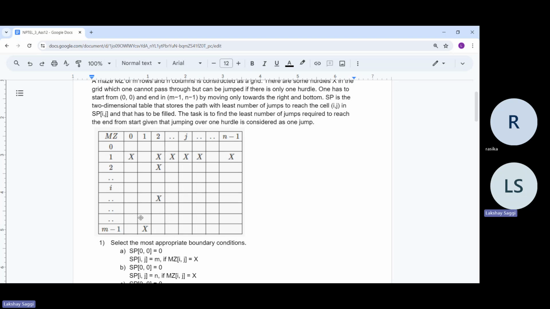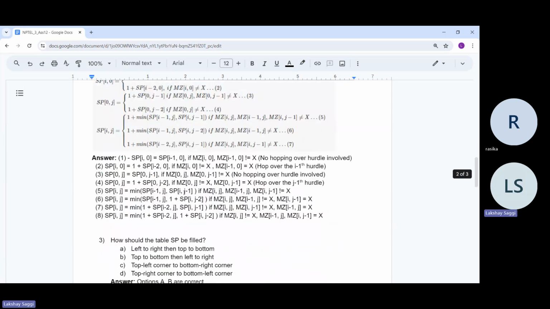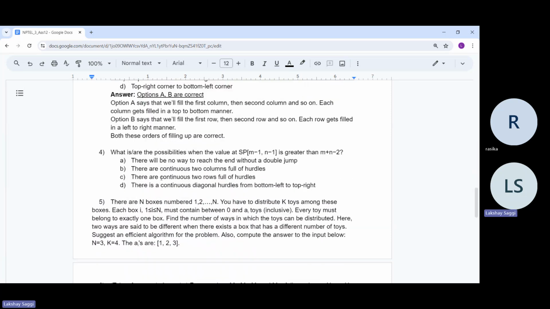So if this sort of diagonal is present, then we can jump across it. Suppose there was a cross in this cell and I was at this cell, then I could have jumped across this cell. But note that if two continuous columns have crosses, then from this cell I can't go across to this cell because I can't jump across two continuous crosses. So that's why option D is not correct, but options A, B, and C are.